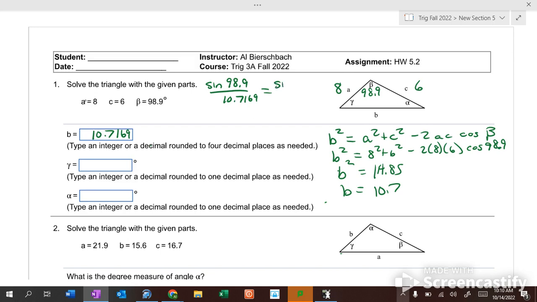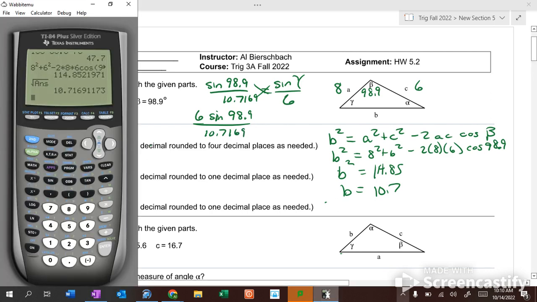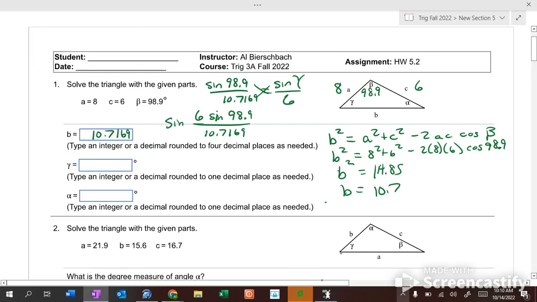So let's do the sine of alpha. Nope, they want the sine of gamma. So we'll do the sine of gamma over c. So cross multiply. 6 sine of 98.9 divided by 10.7169. And then we'll do the inverse sine of that.